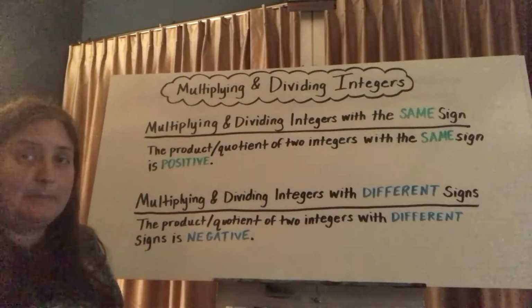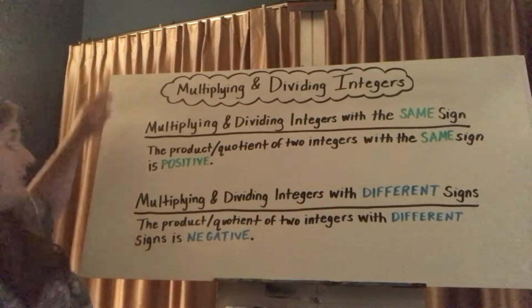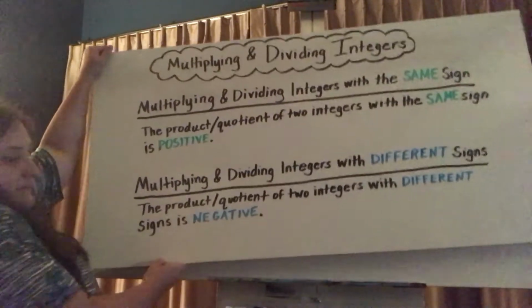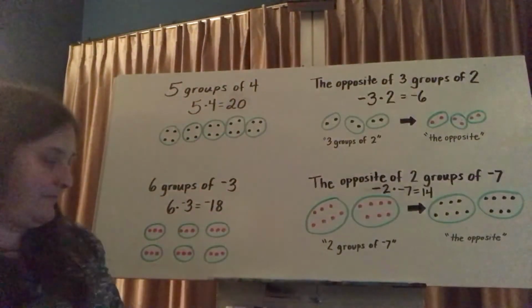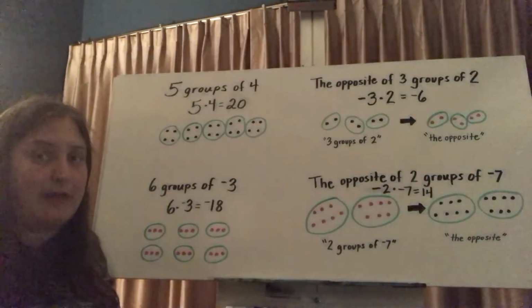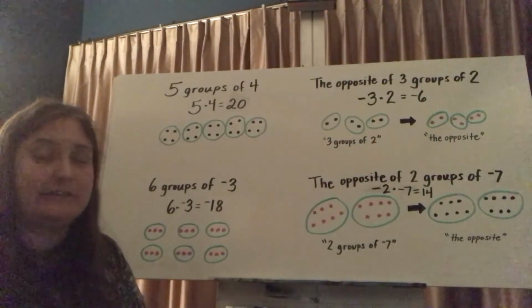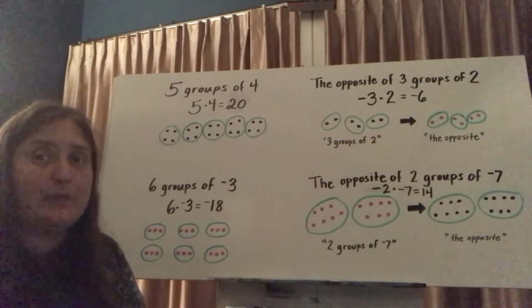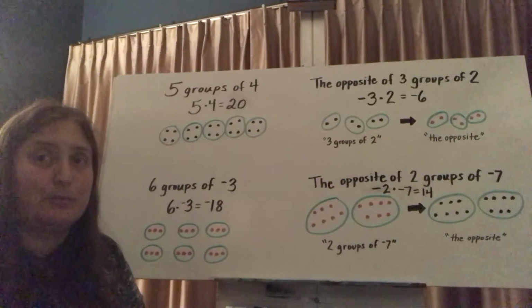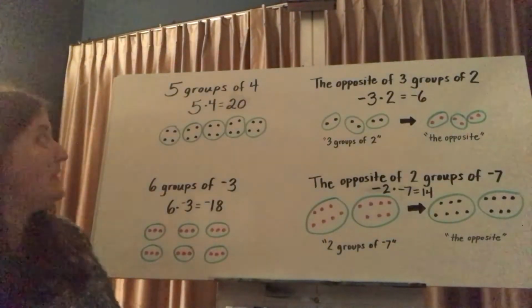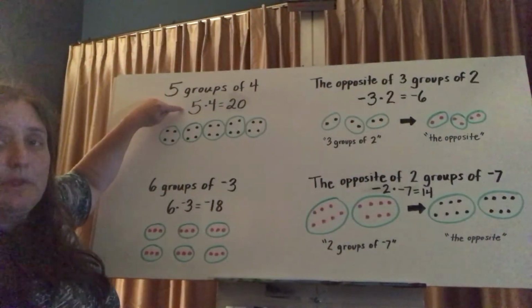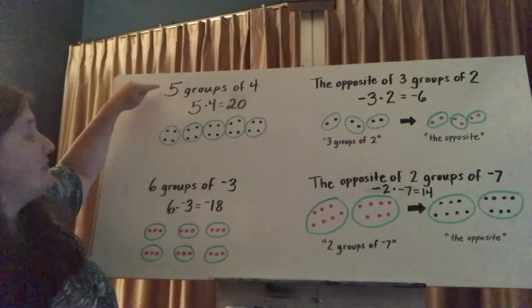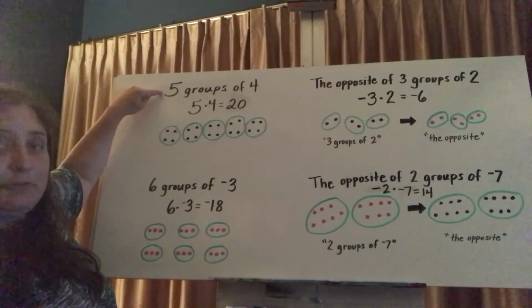So let's talk a little bit about why we see this pattern. Every math problem that we see is really just a math sentence, and we have to know how to interpret what is written there. When we see a multiplication problem like 5 times 4, what we're really being asked to find is the total for 5 groups of 4.